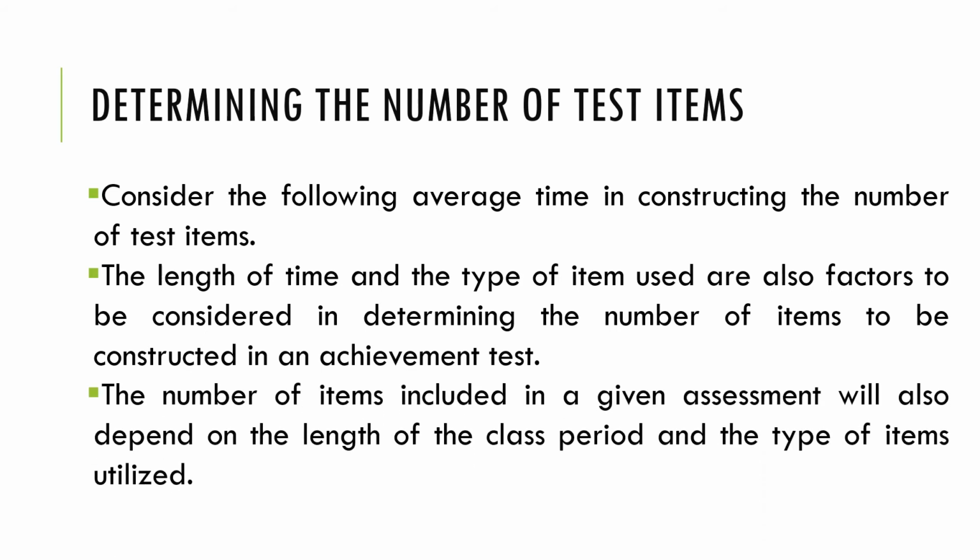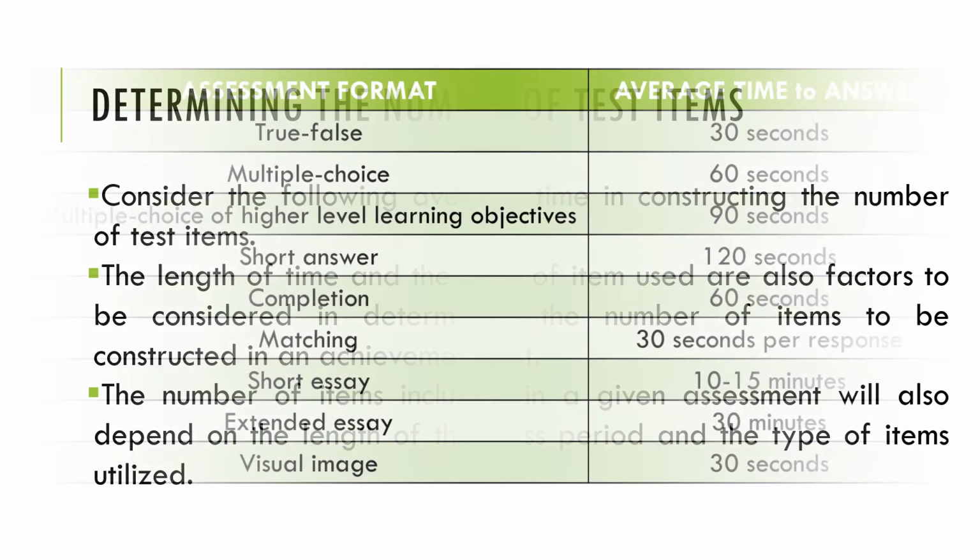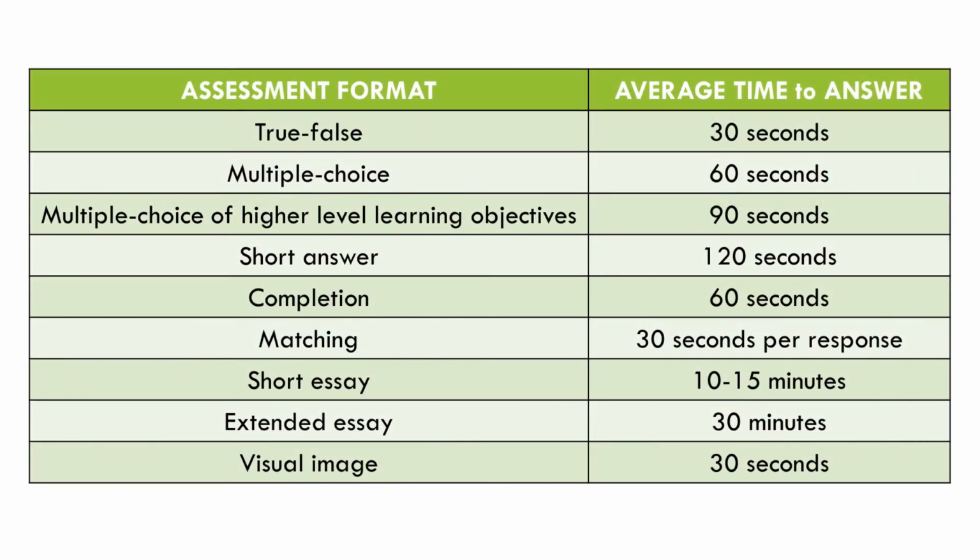Okay. The number of items included in a given assessment will also depend on the length of the class period and the type of test items. The three bullets here discuss the construction of your table of specification. So this is very understandable. So let's try to look at now the table presented sa presentation.